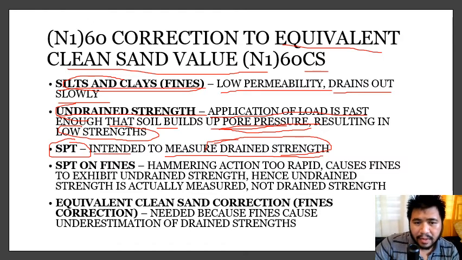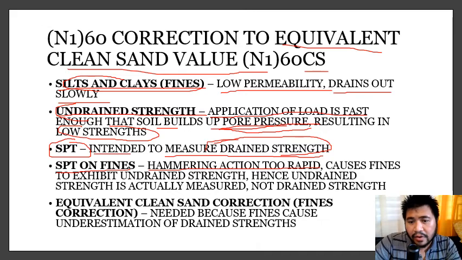So the problem is when you're doing SPT on a soil that contains fines, the hammering action is too rapid and causes the fines to exhibit undrained strength. As a result, the undrained strength is actually measured instead of your drained strength.